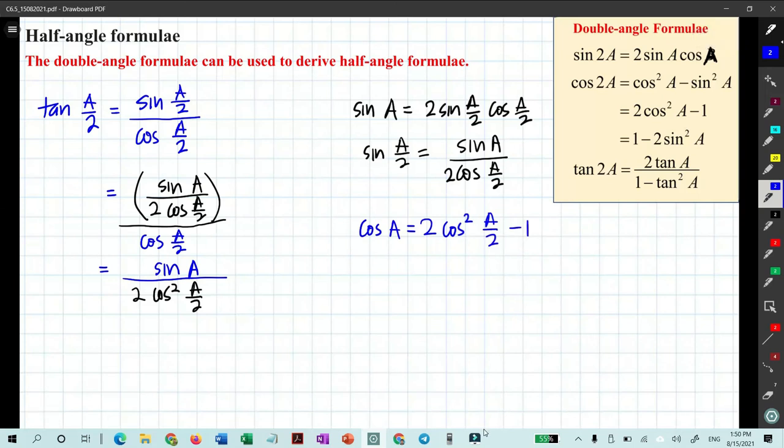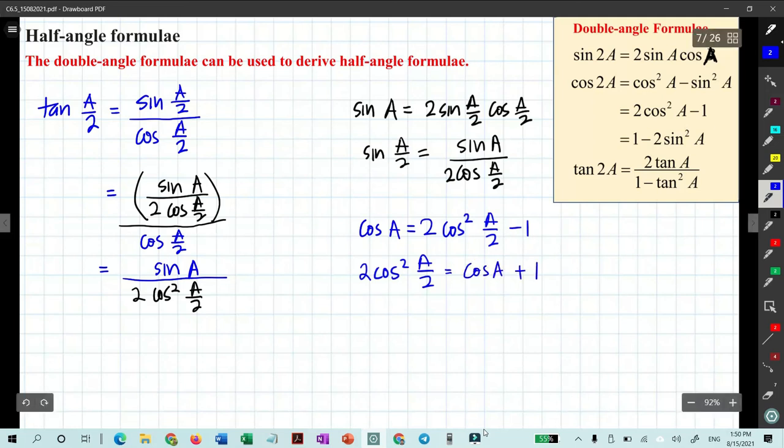Okay, and then 2 cos square a over 2 can be written as cos a plus 1. Okay, and I'm going to substitute 2 cos square a over 2 with cos a plus 1.